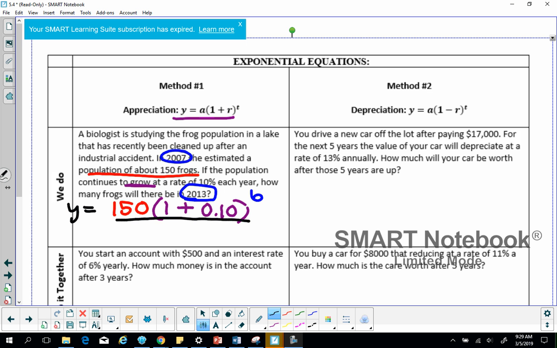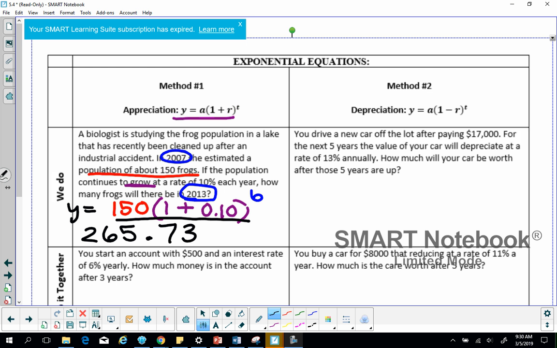What do you end up getting? What's the actual number? 265. Is it a decimal? Point what?